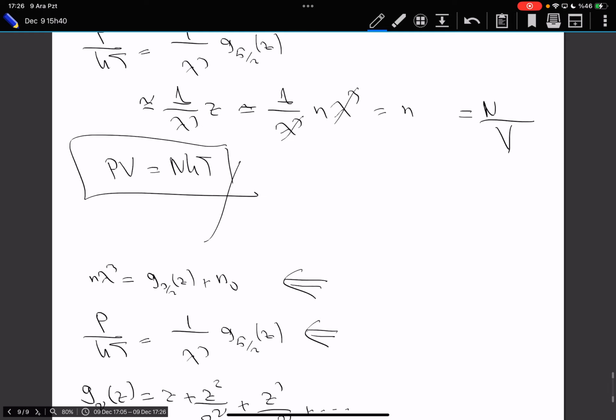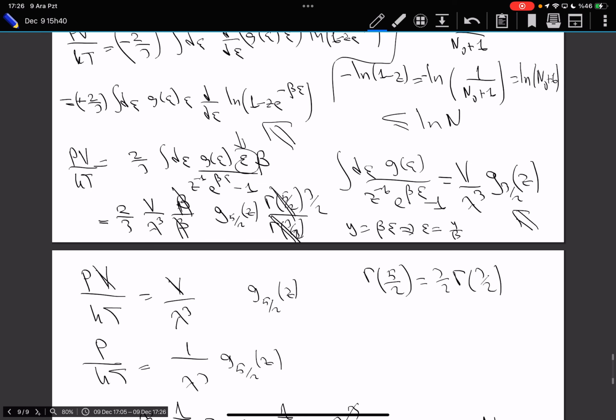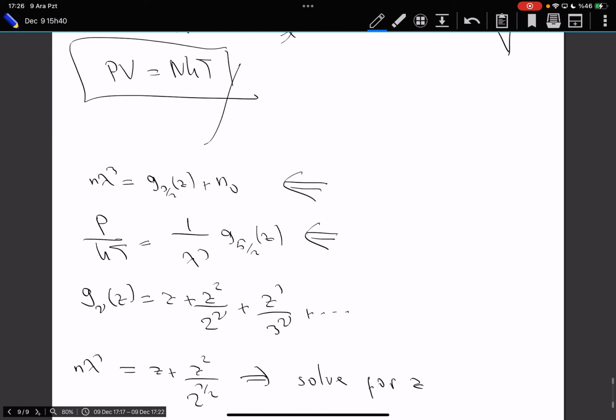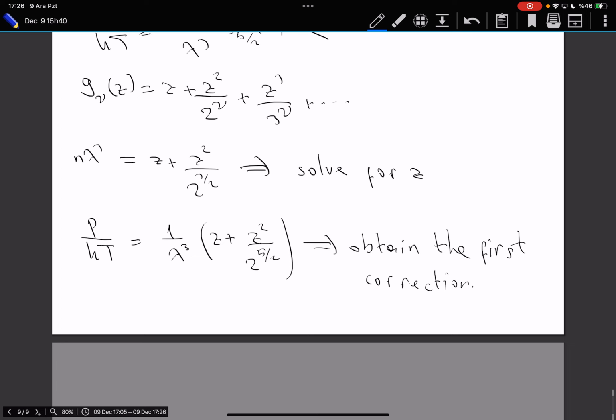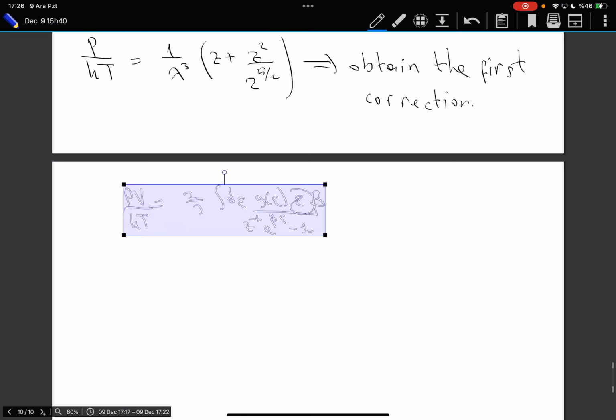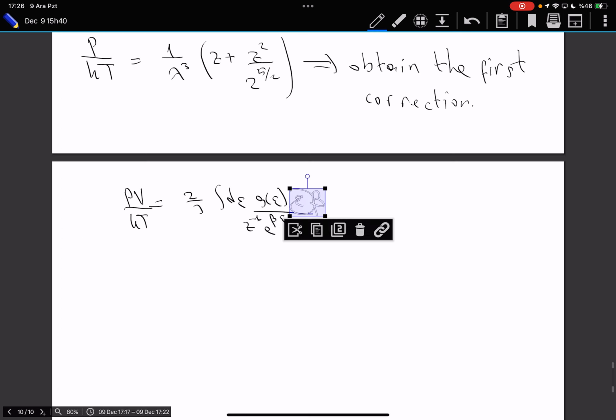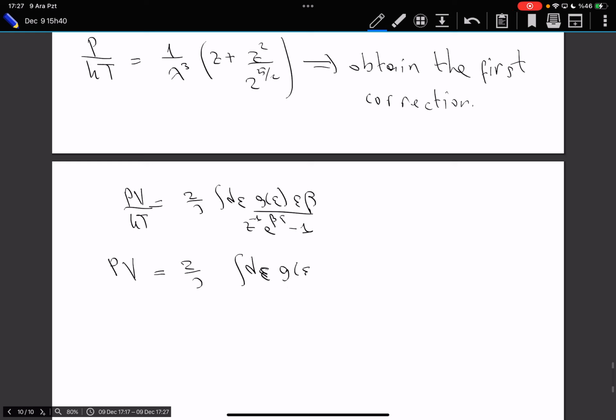Well, if you look at this expression over here, PV over KT, this is what we derived. Or PV is equal to 2/3 integral d epsilon, g of epsilon, epsilon, and Bose-Einstein of epsilon.